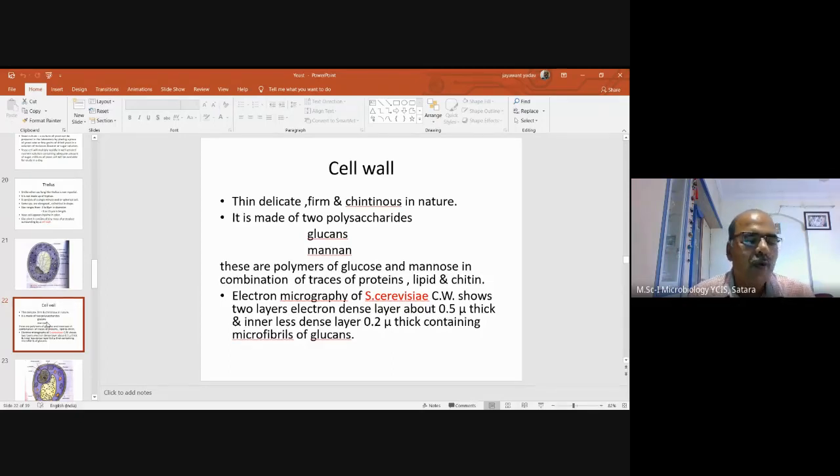It is made up of 2 polysaccharides, glucans and mannans. These are polymers of glucose and mannose, along with certain traces of proteins, lipids, and chitin. An electron micrograph of the Saccharomyces cerevisiae cell wall shows 2 layers: an electron dense outer layer about 0.5 micrometer thick and an inner less dense layer 0.2 micrometer thick containing microfibrils and glucans.